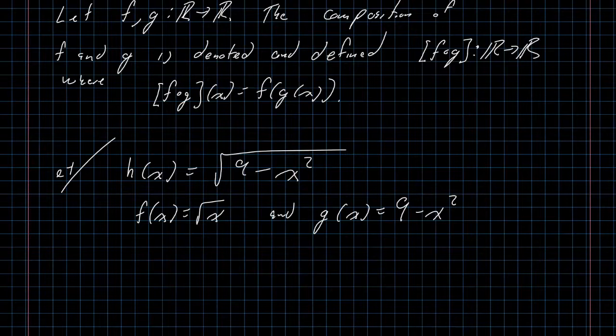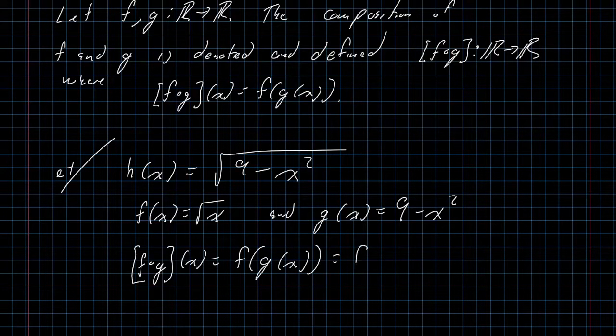If you take f composed with g of x, that is f of g of x, which is f of 9 minus x squared. And since f is the square root, that's the square root of 9 minus x squared.